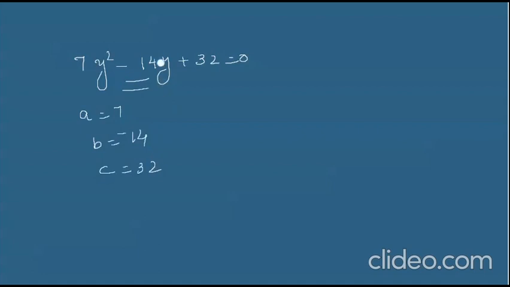Whenever you are stating the real numbers, you must state them with the sign. So the coefficient of y is negative 14. So this is a quadratic equation in y. You can write a quadratic equation in x, y, m, n, anything. Here y is the variable. In the previous question, x was the variable.